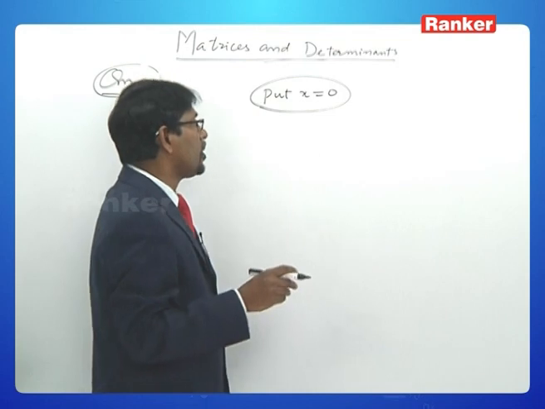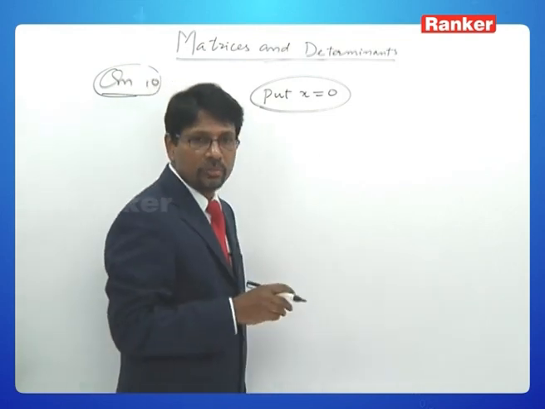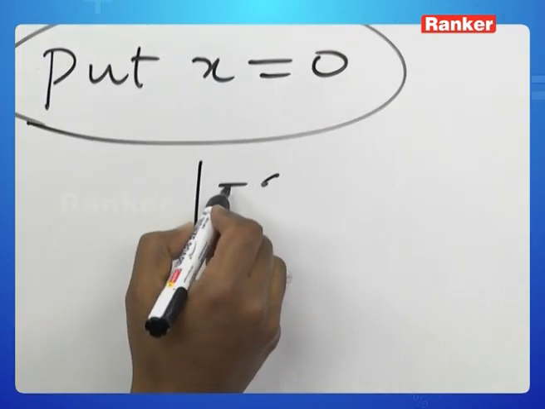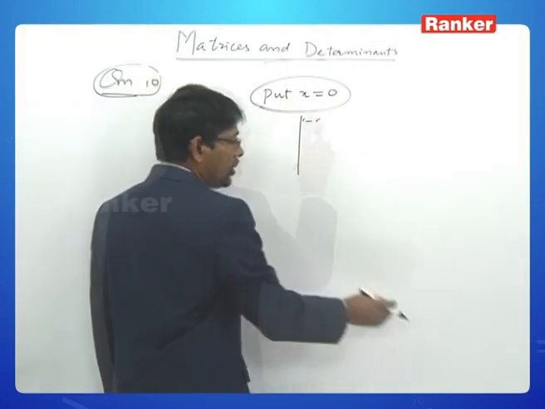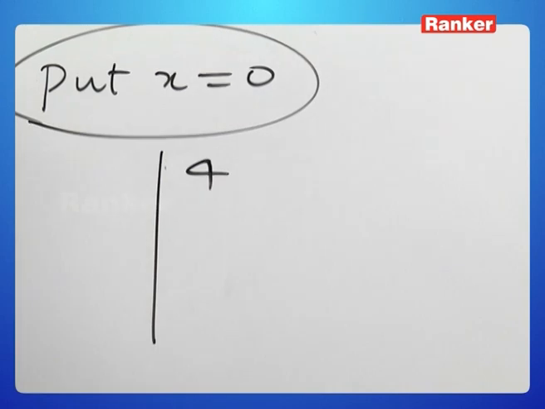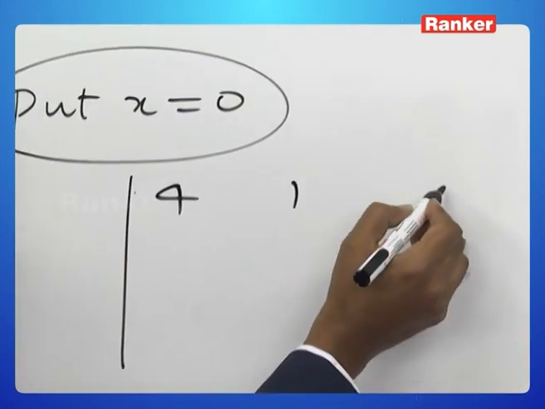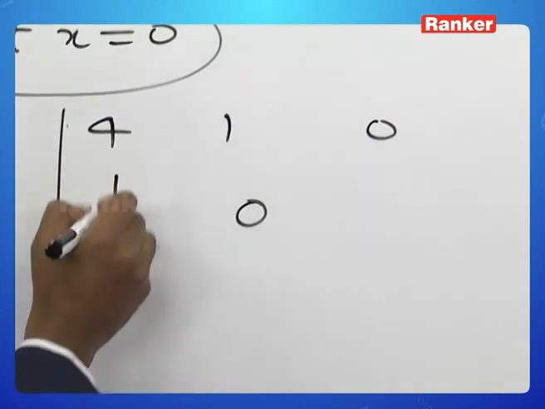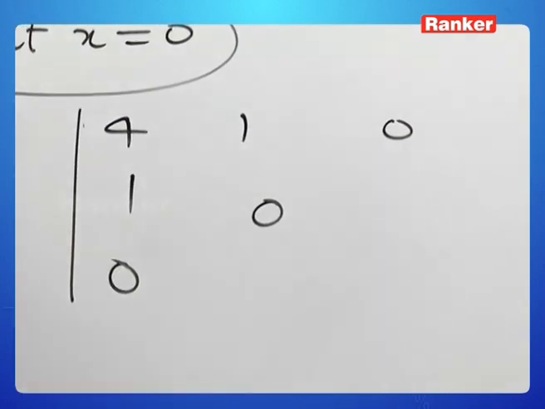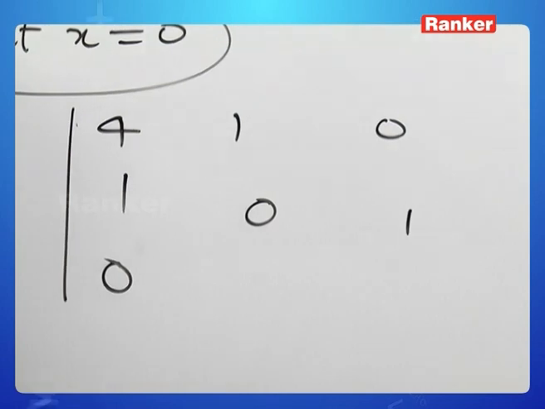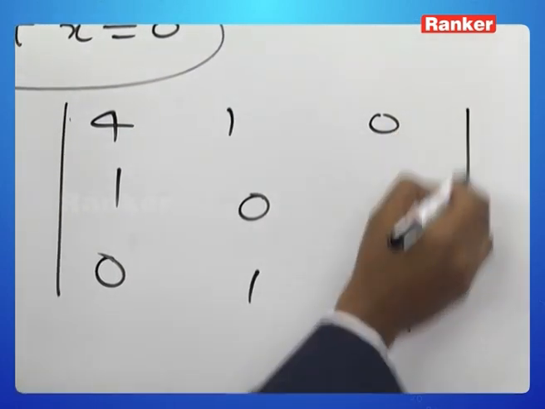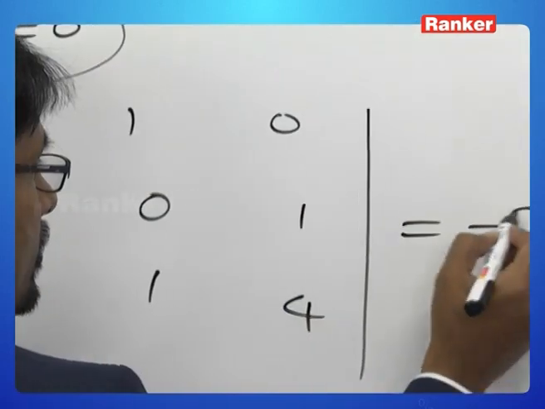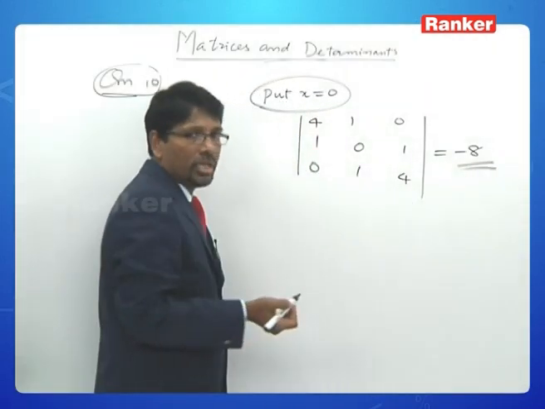So when I use that, I get 0 minus 2 the whole square, that is 4. I get 4 here, 1 here, and 0 here; 1, 0, 1; and 1, 1, and 4. So when you open up this determinant, it comes out to be equal to minus 8. So the answer is 3.